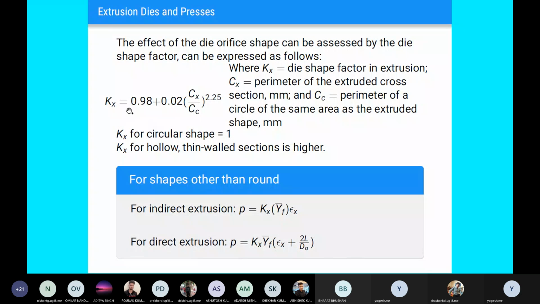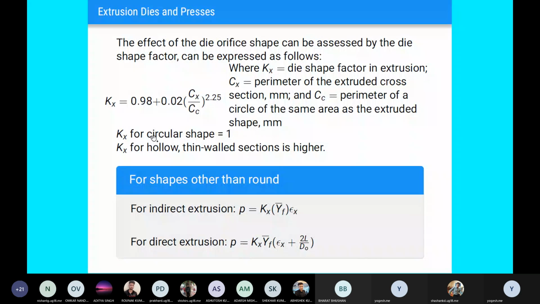The shape factor is given as kx equal to 0.98 plus 0.02 (cx upon cc) to the power 2.25. Here kx is your die shape factor, cx is the perimeter of your extruded cross section, and cc is the perimeter of a circle of the same area as the extruded shape.